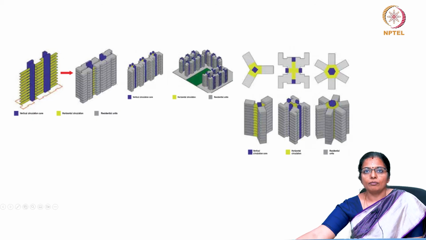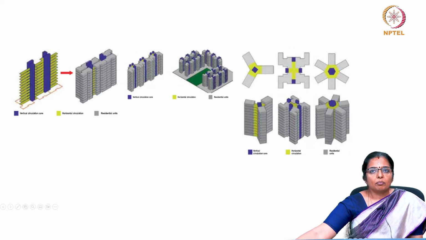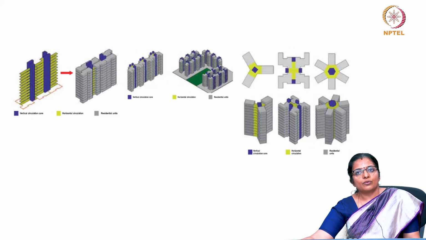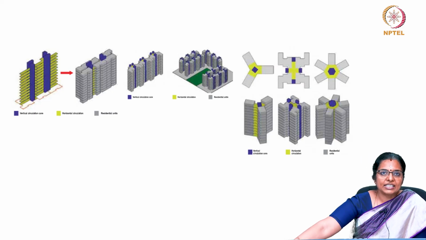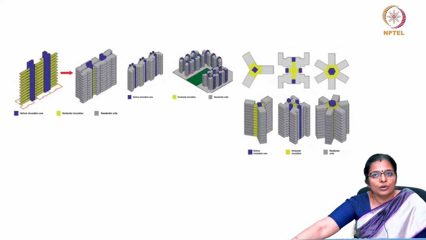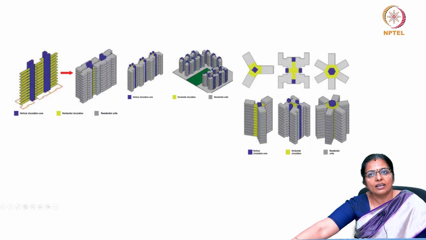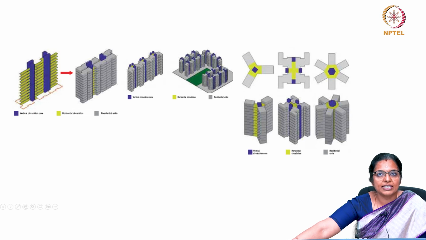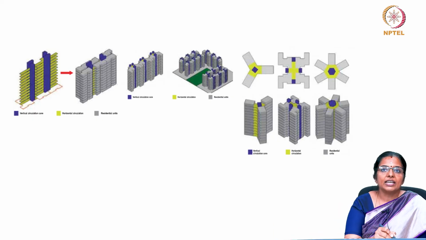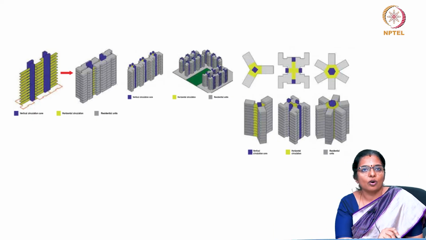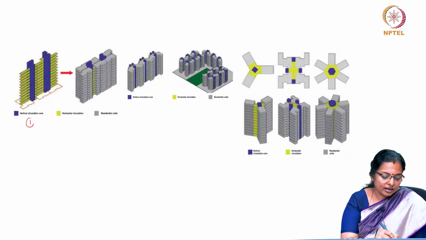Next, we move on to the preference of typologies for multi-storied residential buildings in terms of reduced solar radiation exposure, as given by the Bureau of Energy Efficiency for multi-story residential buildings. Here you have a linear double loaded corridor typology, that is one.